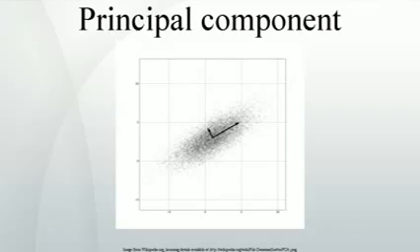The kth component can be found by subtracting the first k-1 components from X. The results of a PCA are usually discussed in terms of component scores, sometimes called factor scores, the transformed variable values corresponding to a particular data point, and loadings, the weight by which each standardized original variable should be multiplied to get the component score.